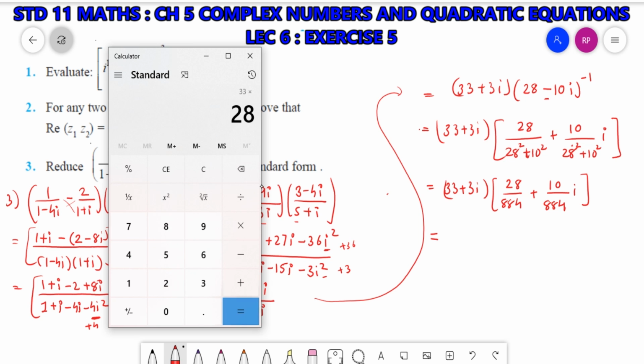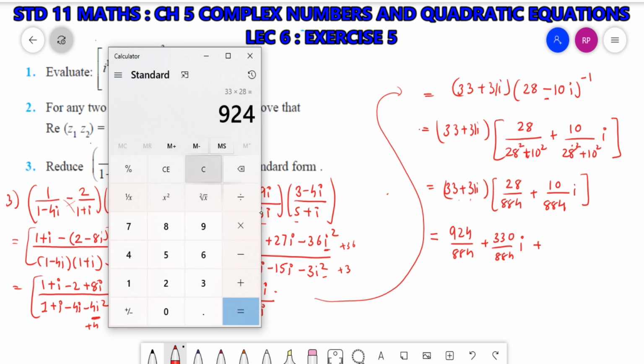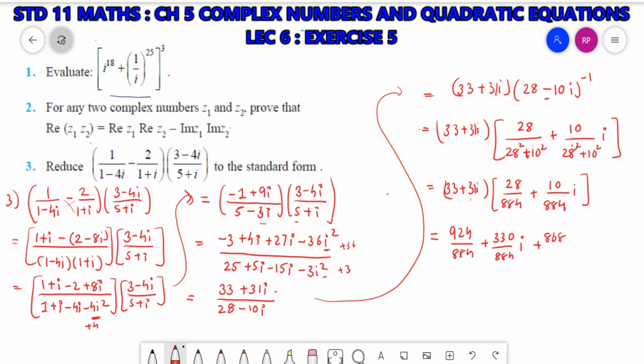33 into 28, that is 924 upon 884, plus 33 into 10, that is 330 upon 884 i, plus 31i into 28, 31 into 28, that is equal to 868, plus 31 into 10, that is 310 upon 884, i into i square.